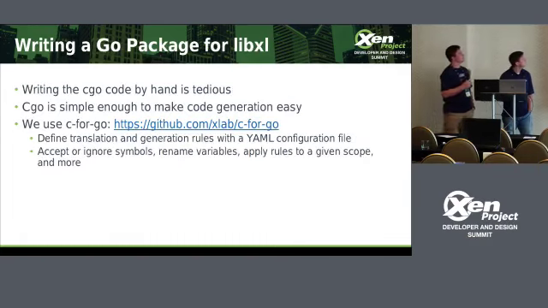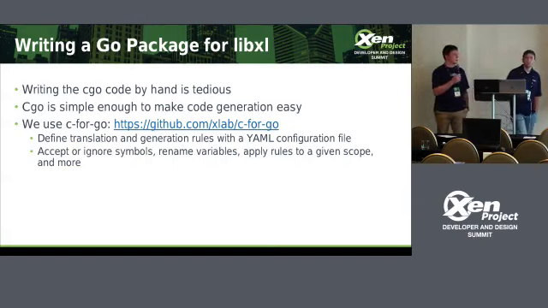Good, yeah. And so because cgo is pretty straightforward, although very tedious to write, because you usually end up literally translating from C code into just using the C dot statement.